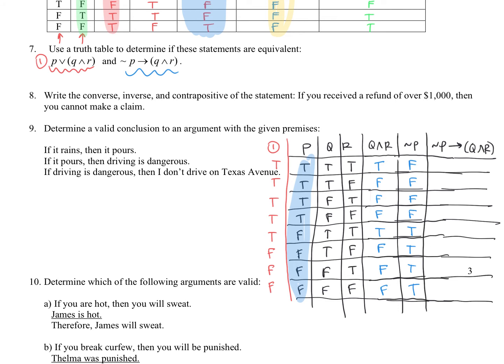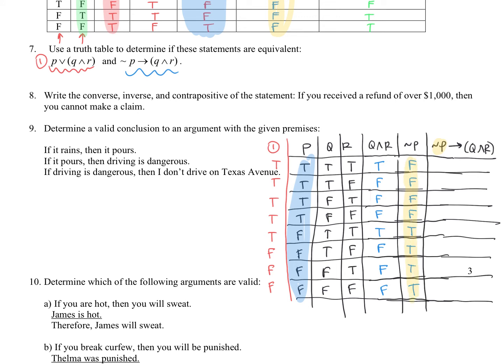So in other words, if the first thing is true and the second thing is false, then this conditional statement is false. Any other time it's true. So the first thing is going to be very important. So let's highlight what we're looking at. The first thing here, this is the antecedent, is not P. So I'm going to highlight that in yellow.